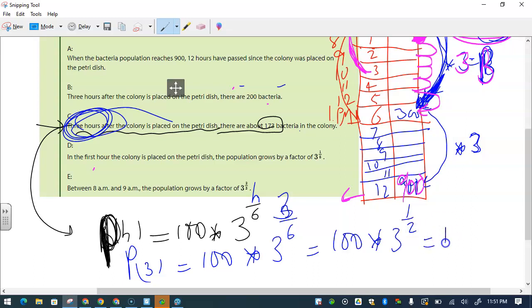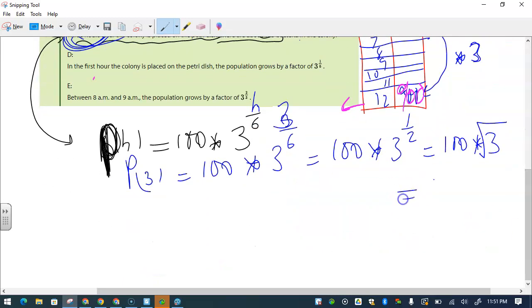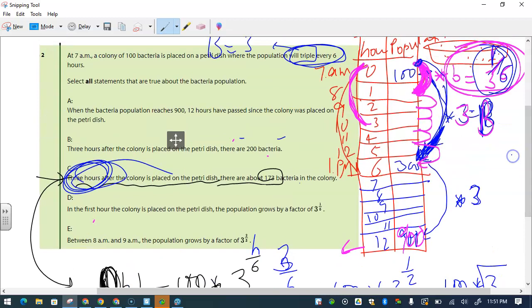Of course, it is the same as 100 times the square root of 3. And remember, we do know from middle school, this is 1.73. You can check. You can use a calculator. If you multiply, you get 173, and looks like this is correct. Now, what about D?